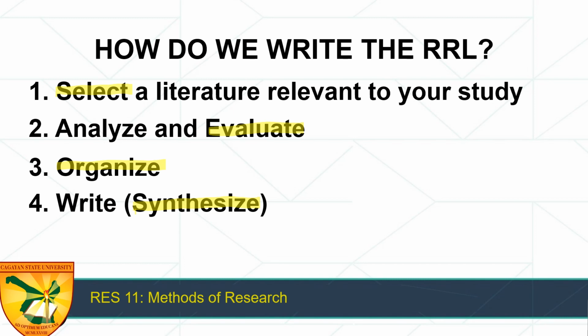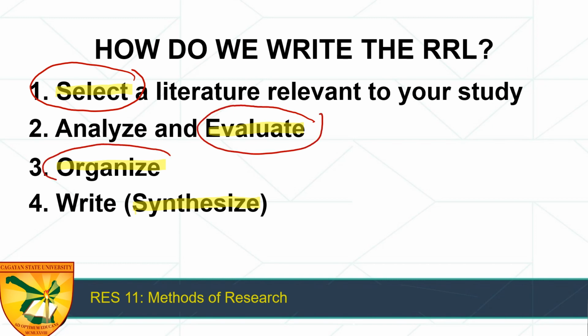So going back to the definition of your review of related literature, your literature review is surveying or selecting a source. So this is select. And then it is evaluated, organized, and synthesized. So these are the four simple steps. And in our next video, I will teach you how to do these steps step by step.